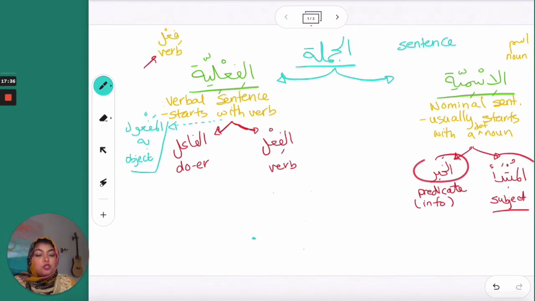Okay. So جملة الفعلية, we say جملة الفعلية متكونة من الفعل, verb, والفاعل, the doer. Those are the two عمدتين, the two main parts of the sentence. Now you could have مفعول به, you could have an object, or you don't have to have one. It just depends on the sentence.